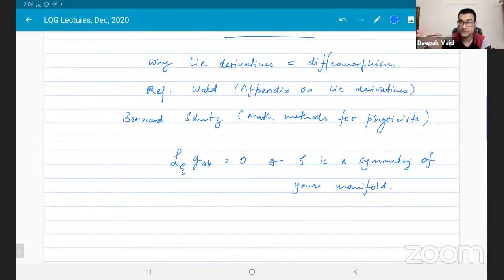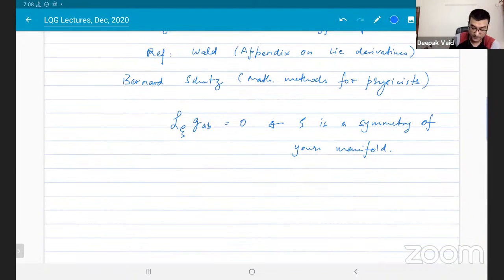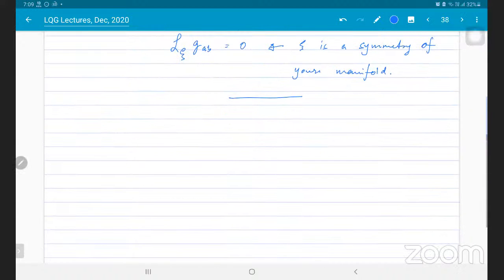That's all. So that mapping can do lots of things to the metric. Right, so any vector field on a manifold generates a diffeomorphism. More precisely, one should call it an automorphism, I think, because it's from the same manifold to itself. Okay, thank you, Deepak.